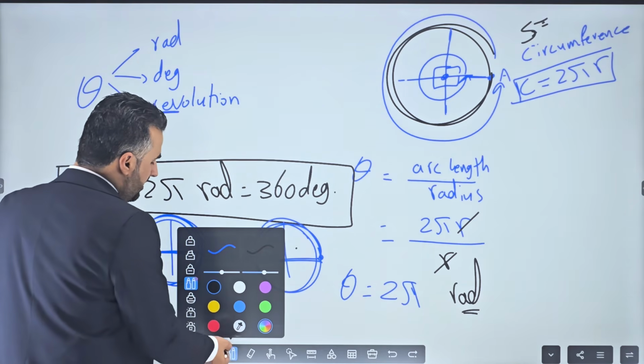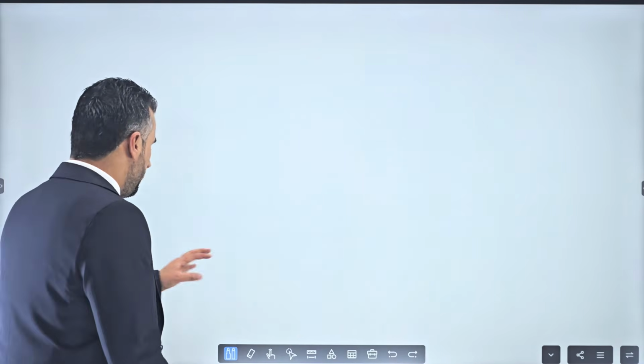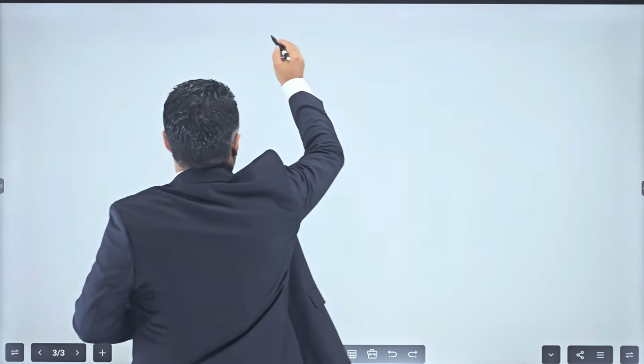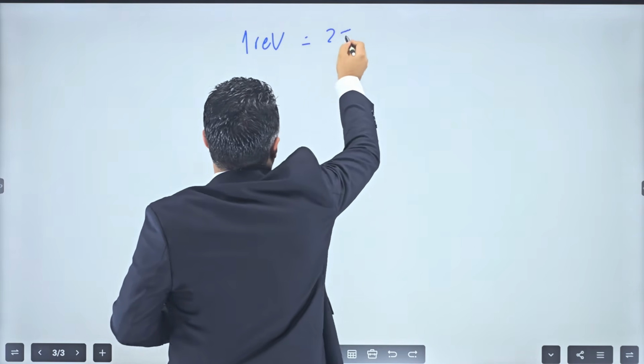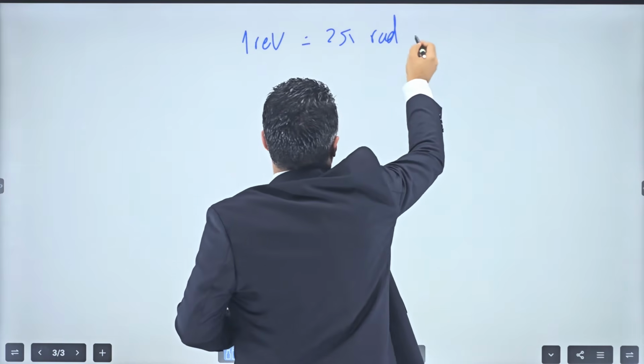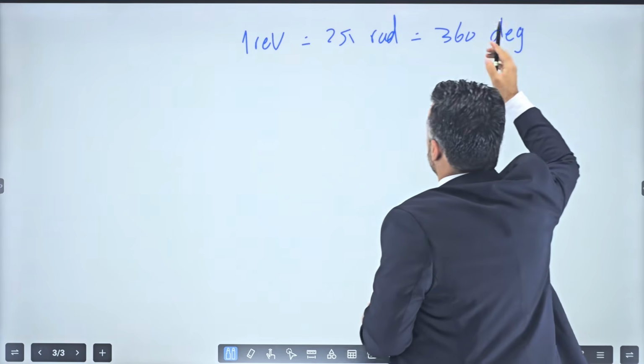Okay, now the next thing that we need to know is how we can convert the angles from one form to another. What do I mean by this? But before we do that, remember this. We said 1 rev is equal to 2 pi radian, which is equal to 360 degrees.